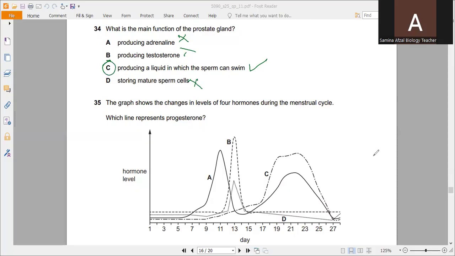The graph shows the changes in the level of four hormones during the menstrual cycle. You can see that line A peaks just before ovulation. Ovulation takes place on the 14th day of menstruation. That is the luteinizing hormone. So A is not estrogen.